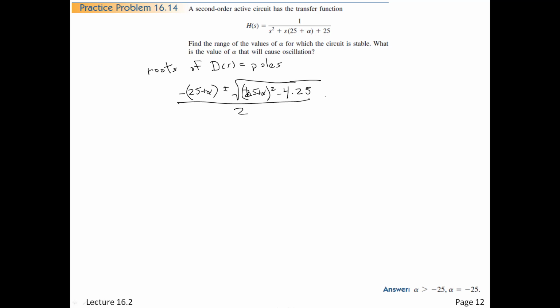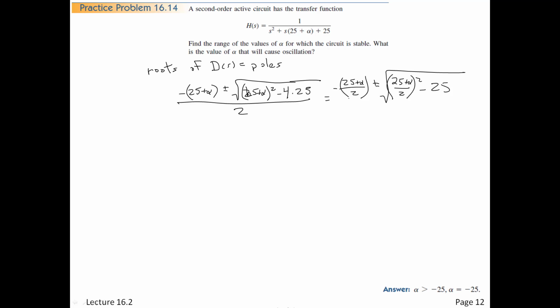So this is going to equal, if I pull the 2 up top, minus (25 plus alpha) over 2, plus and minus the square root of ((25 plus alpha) over 2) squared minus 4 over 2 squared, which is minus 25. Okay, so those are our roots.